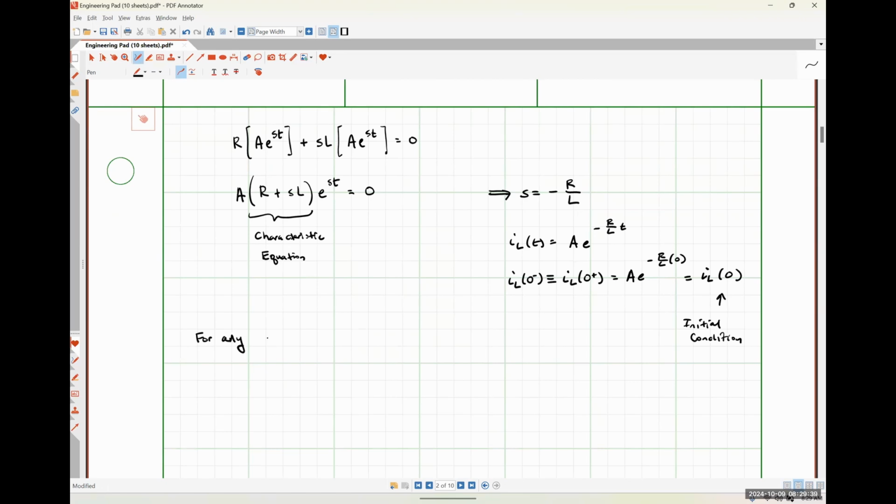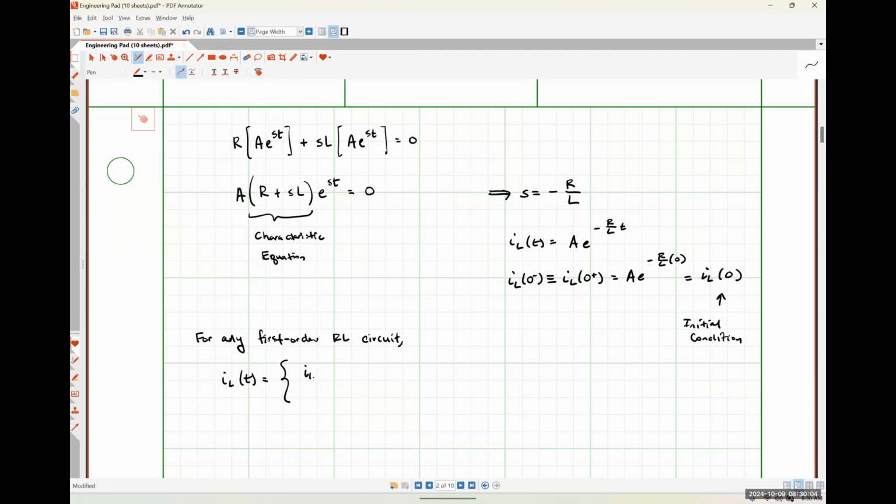So putting all of this together, we can say that for any first order RL circuit, IL as a function of time will have this form.